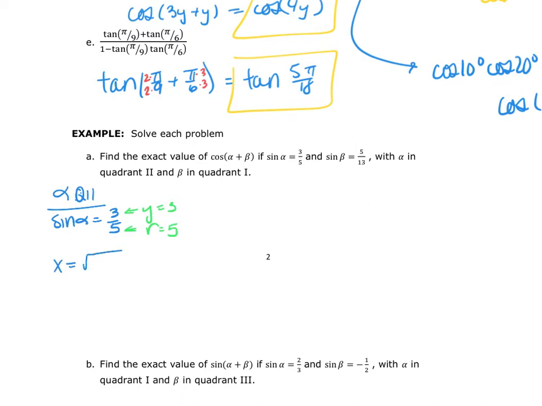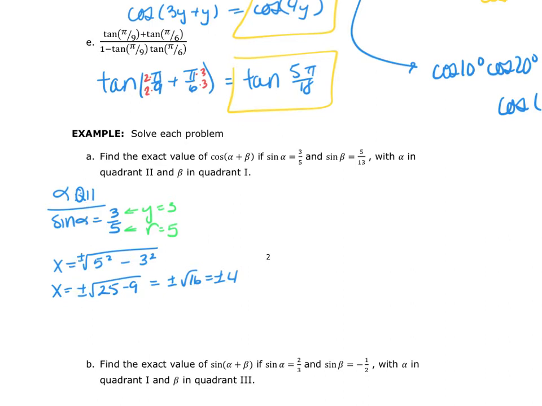So x is going to be the square root, and it's plus and minus until I know any different, of my r squared, which is 5 squared, minus my y squared, which is 3 squared. So x is equal to plus and minus the square root of 25 minus 9, which is plus and minus the square root of 16, or in other words, plus and minus 4. Because I'm in quadrant number 2, I take the minus of that.